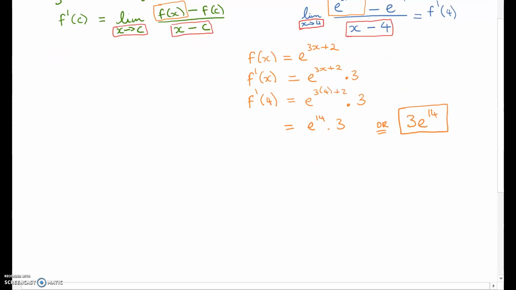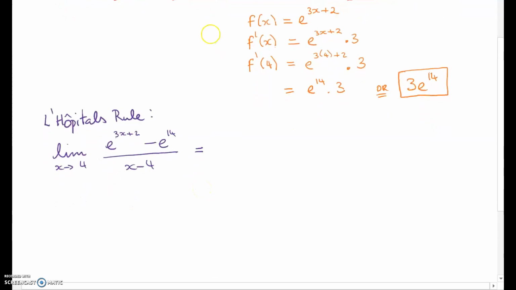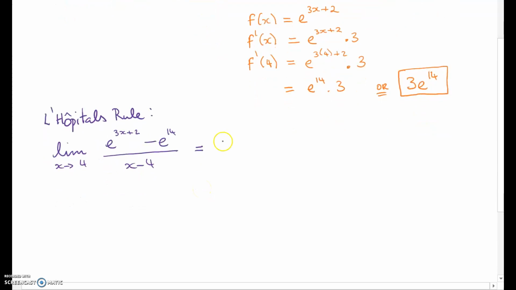So we have the limit as x approaches 4 of e to the 3x plus 2 minus e to the 14 over x minus 4. Now remember, the condition for L'Hopital's rule is that when you use substitution you get 0 over 0. So let's substitute in 4.